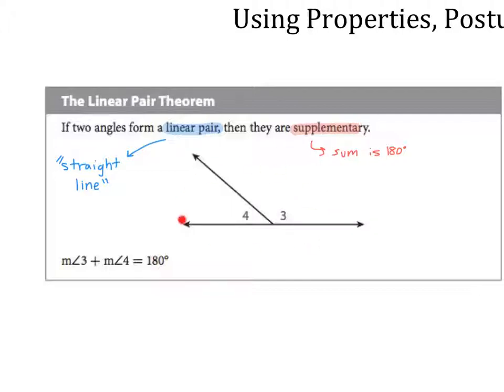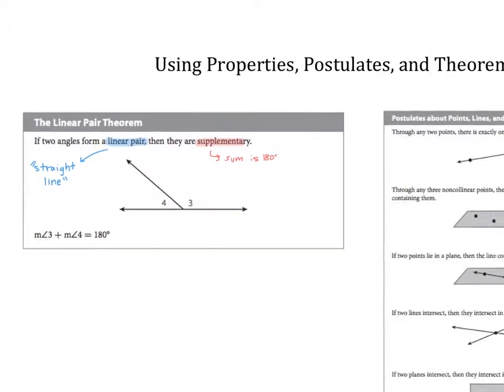So if you look at this figure, we can make this statement, the measure of angle 3 plus the measure of angle 4 equals 180 degrees using the linear pair theorem. So this linear pair theorem would be a justification for this statement.